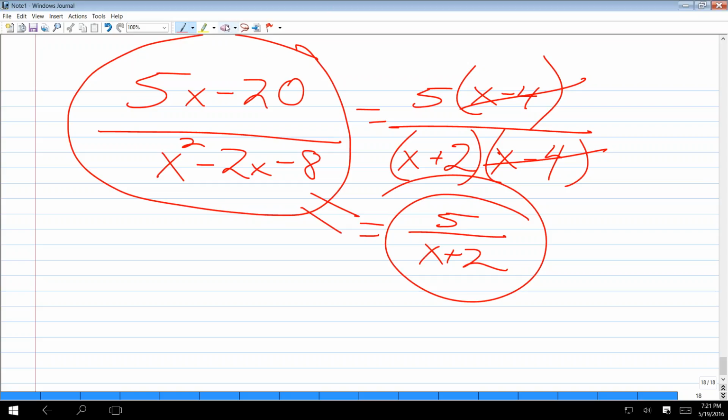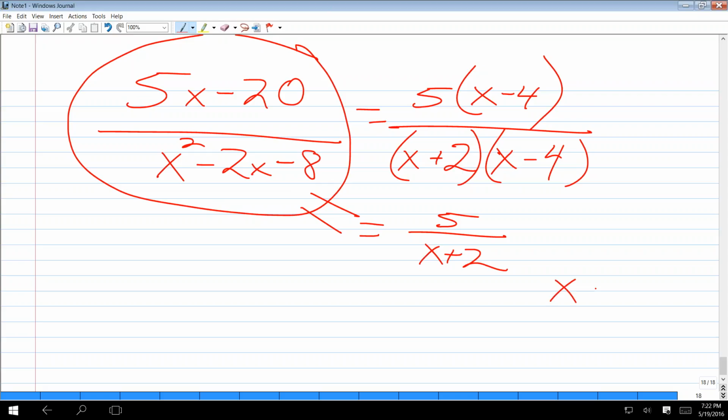The caveat is that when I had it in this form up in the upper right, x could never be 4 and x can never be negative 2, right? Right. Just because I cancel out that x minus 4, it still maintains the domain restriction.